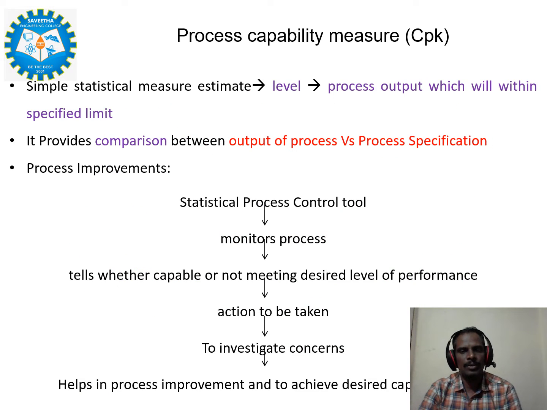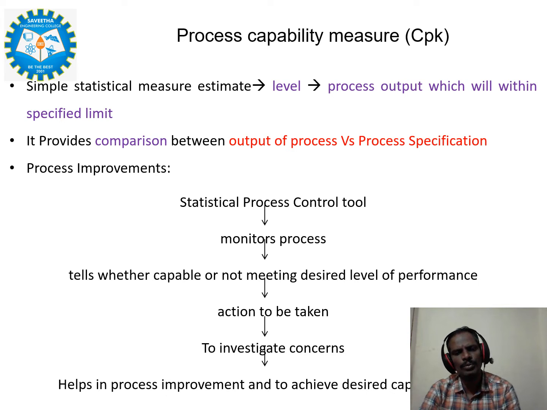This process capability is always a measurable estimate of the process output within the specification limit. So it is a comparison between the process output and the process specifications.